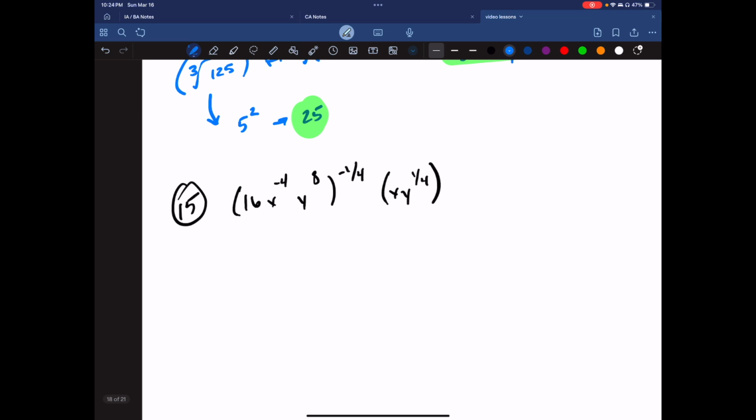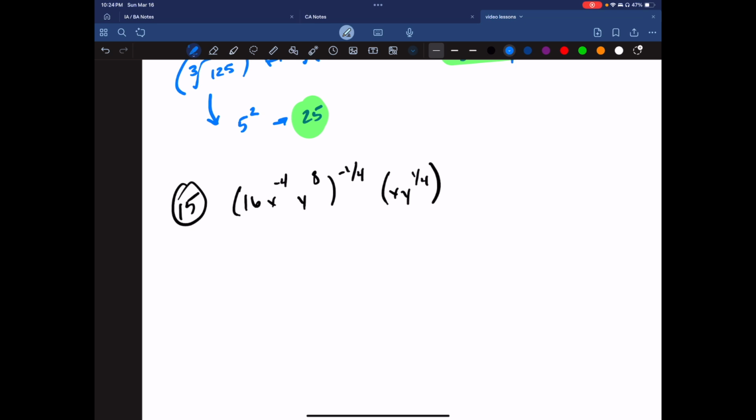Okay. Last problem. So we have this negative exponent, this negative fractional exponent. Well, the negative is just going to change the position. If I had the negative in the numerator, then I'm going to take the entire thing and move it to the bottom.